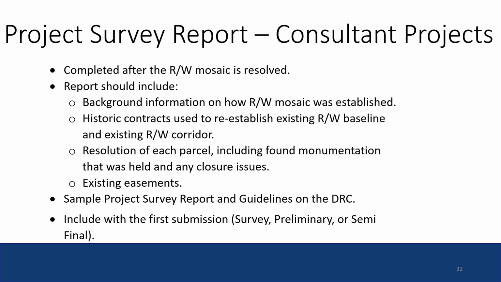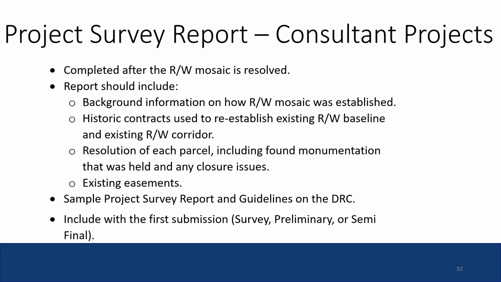The historic contracts that were used to reestablish the existing right-of-way baseline and the existing right-of-way corridor should be discussed. The process for how each project parcel was resolved, including the found monumentation that was held and any closure issues. Any existing easements for each project parcel should be noted.